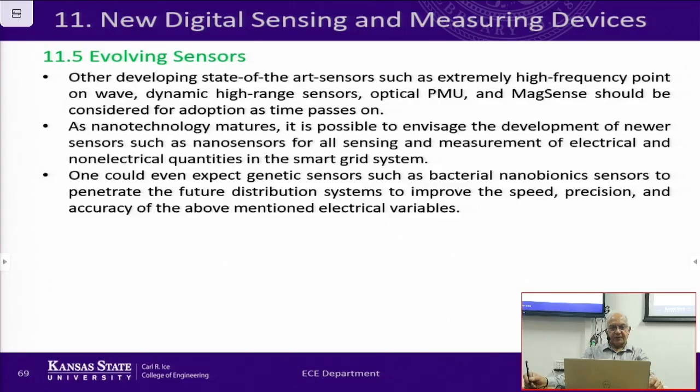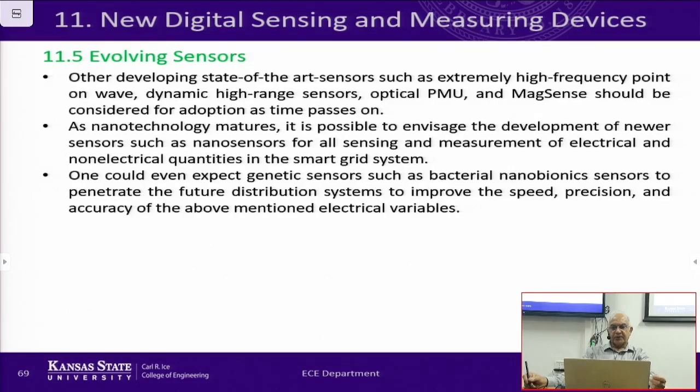So in general, there is a lot of research and development still going on to build extremely high frequency, highly accurate devices, because that way you can do a better job of protection. Some of these, such as extremely high frequency point of wave, dynamic high range sensors, optical PMU, and MaxSense, should be considered for adoption as time passes on.